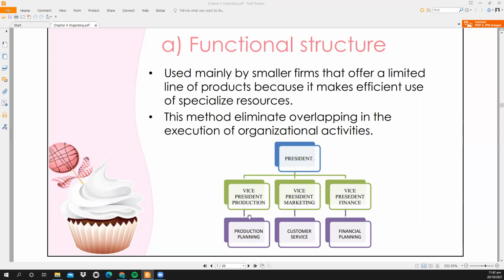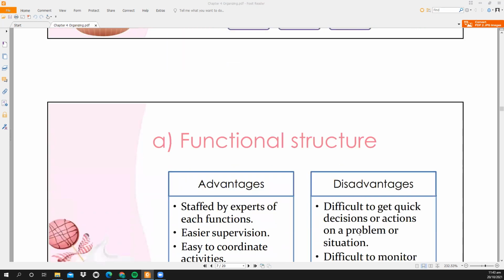So, ito yung madalas na ginagamit, pinapagamit ko sa business plan ng grade 12 sa principles of marketing. So, we'll see here the president, okay, and then the vice president production, the vice president marketing, and then the vice president finance. And then yung mga subordinates nila which part of the production planning, customer service, and financial planning.